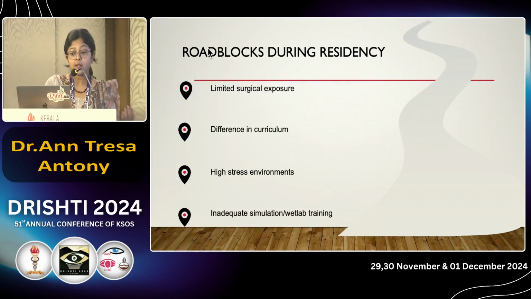It's always important to understand the ground realities from a resident's perspective. Residents most of the time are exposed to limited surgical volume, hardly get their turn once in a week, and never get to do wet labs. The high stress environment and the deficiencies in this curriculum make residency a bad destination for becoming a proficient in-house cataract surgeon.